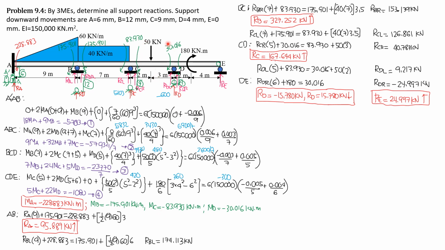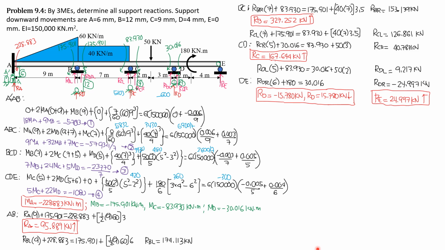So considering AB, summation moment about B equals 0, so RA times 9 plus 175.901 equals 228.883 plus the moment of the load, 1/2 of 9 times 60 times 1/3 of 9. So that's the equation, and RA is 95.887 kilonewtons.